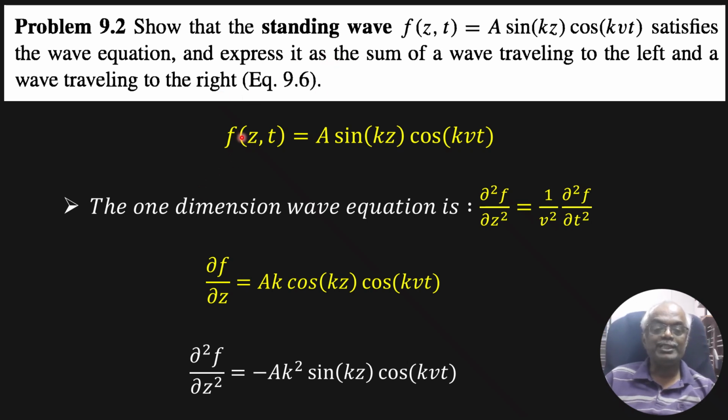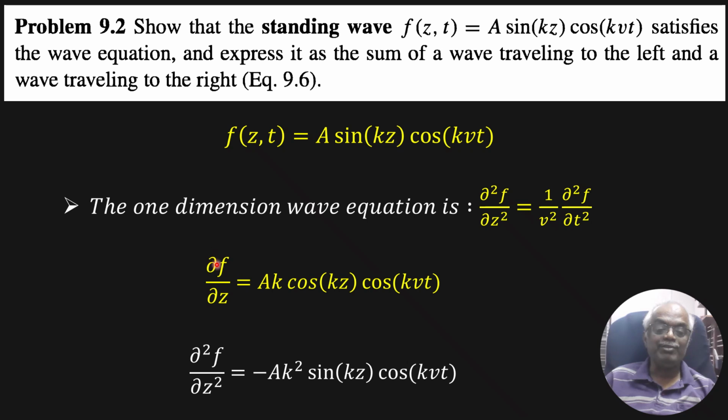First, take this expression f(z,t), in one dimension along the z axis, which is equal to A sin(kz) multiplied by cos(kvt). We know the one-dimensional wave equation is ∂²f/∂z² = (1/v²) ∂²f/∂t². Now take the left-hand side.